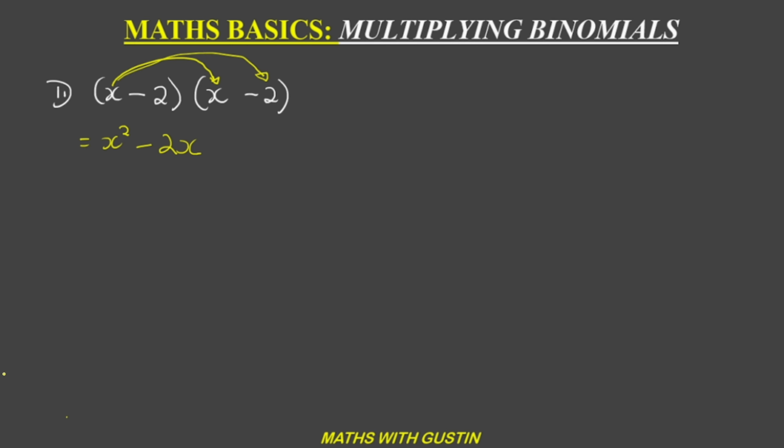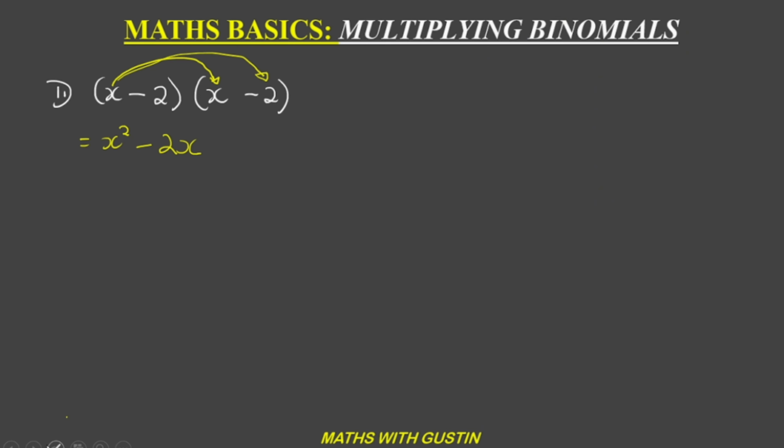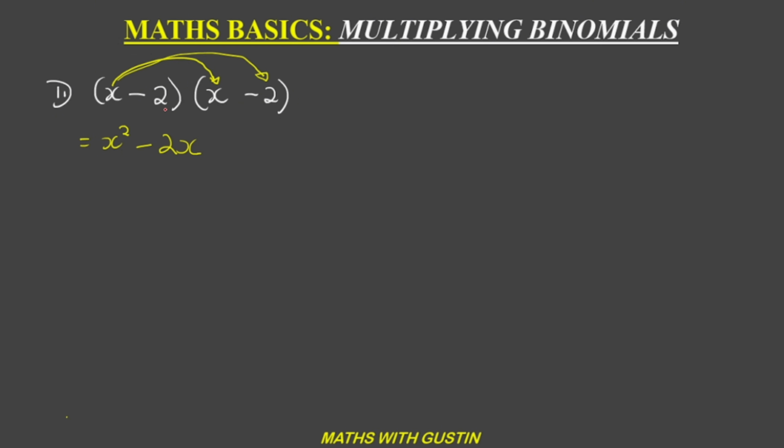All right. Now we are done with the x. Let's deal with the 2, using a different color. 2 times x is going to give us negative 2x, right?